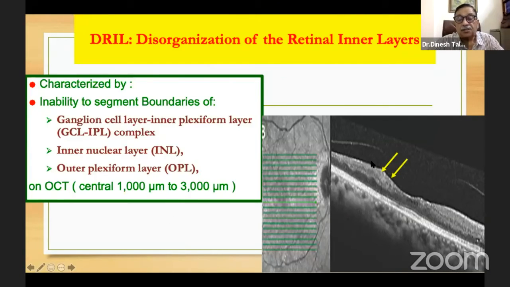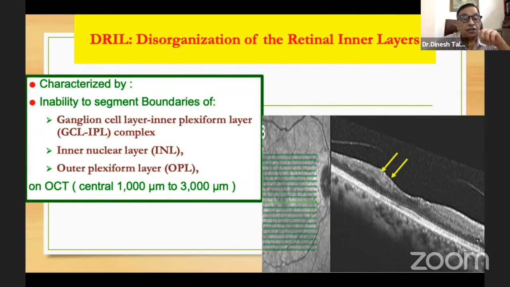In some patients, you may find the vision is not improving, or you want to prognosticate. You look at this small layer above, or on the other side, on both sides, you can see all the layers, you can distinguish them. But in this small area, there is an inability to distinguish the boundaries of the ganglion cell layer and the inner plexiform layer and the inner nuclear layers.